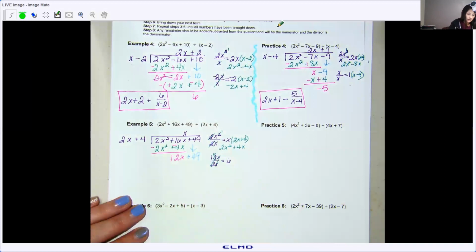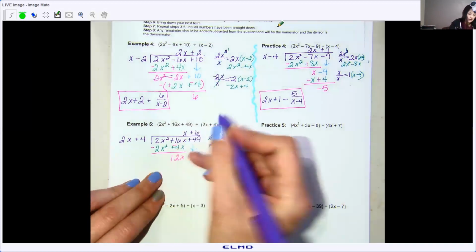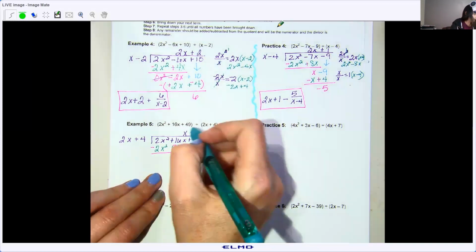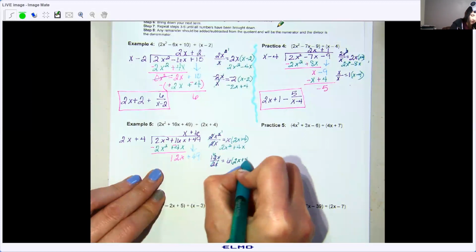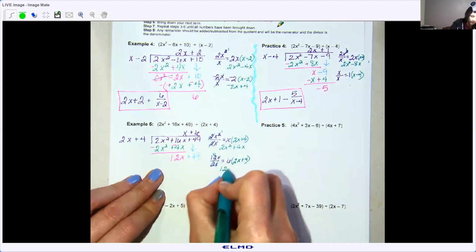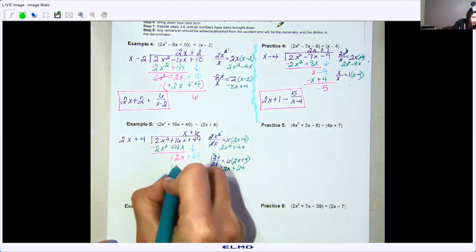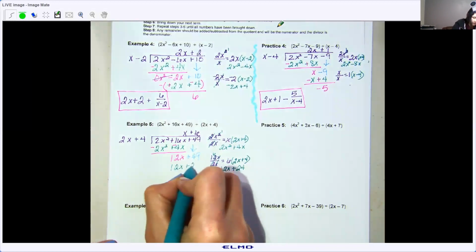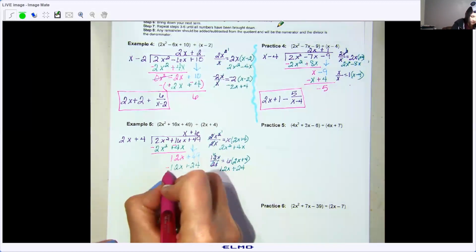Okay, and then I'm going to put that up here, plus 6. And now I'm going to multiply 6 times 2x plus 4. And I get 12x plus 24. I'm going to subtract.